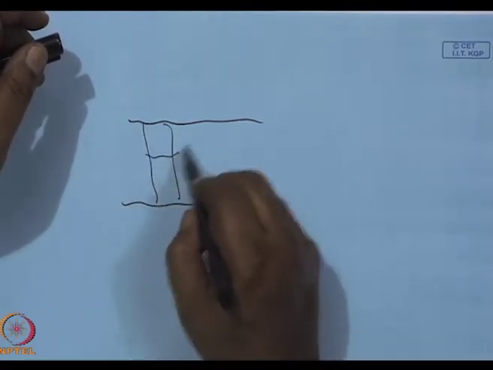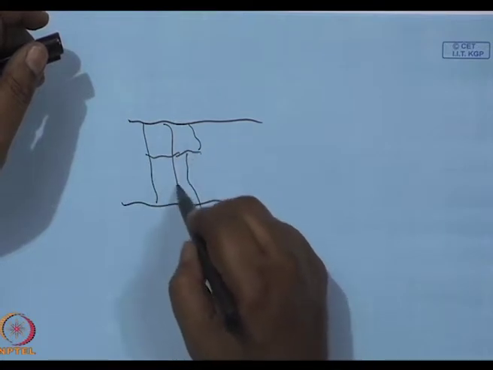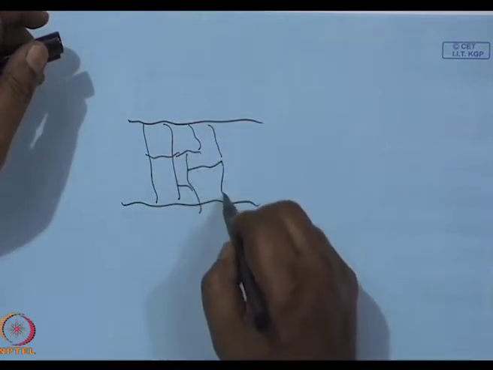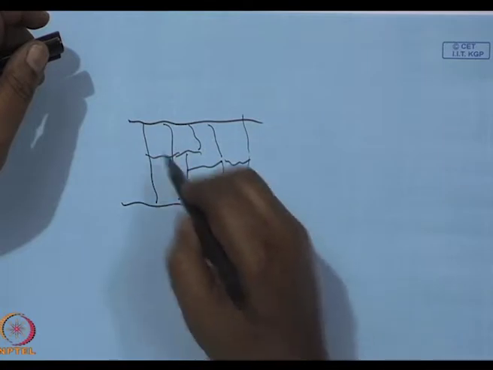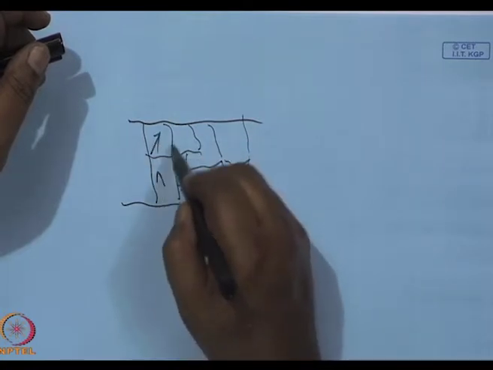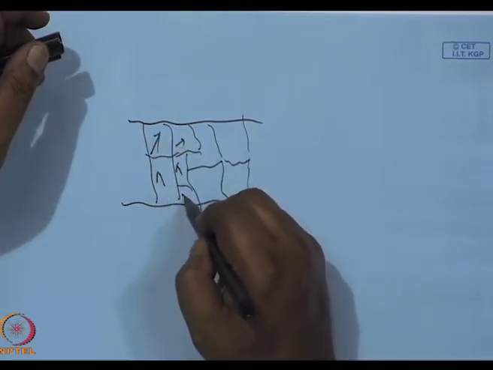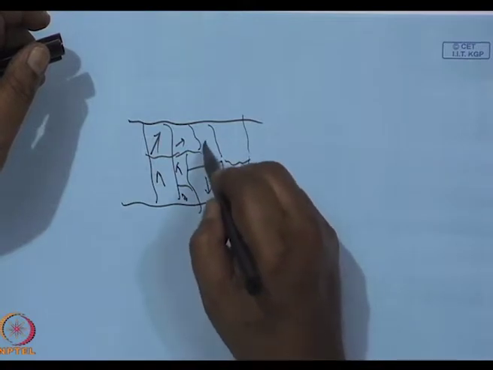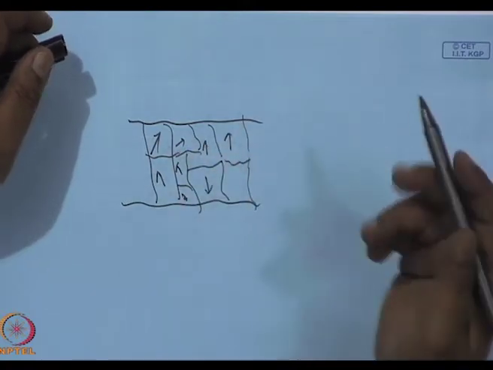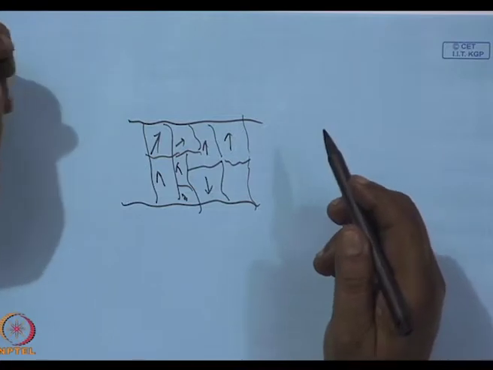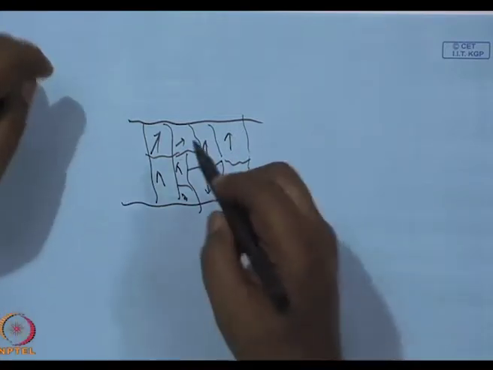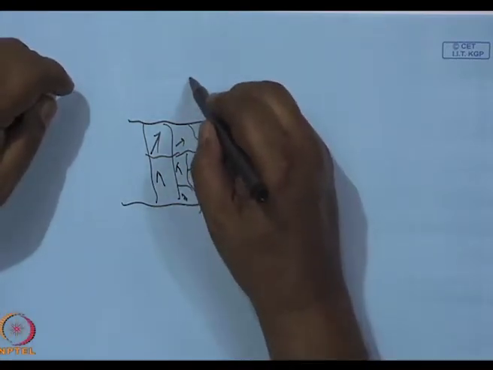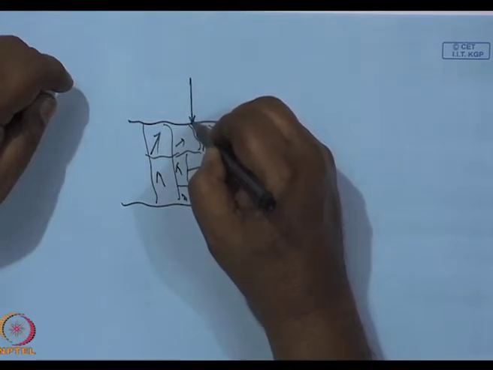It has grains with different orientations, different sizes. Some of the grains may be oriented in this direction. The grains are randomly oriented. They are of different sizes. Now let us say that we are imposing a force.